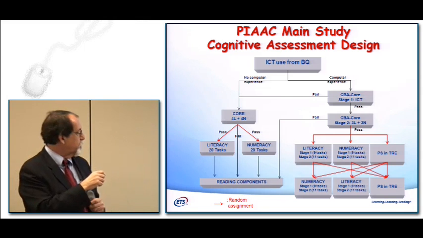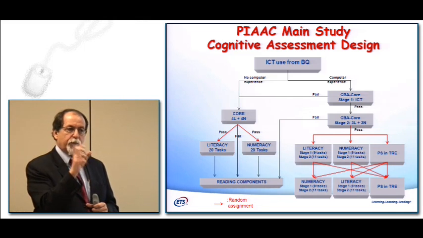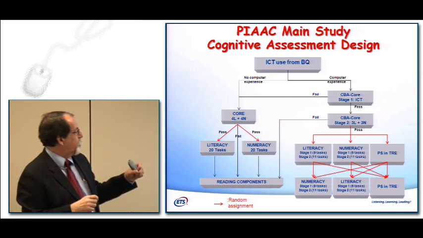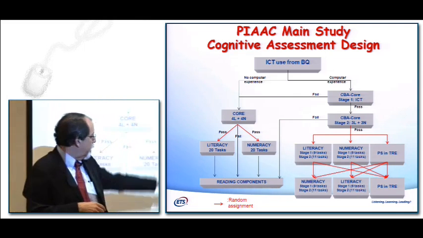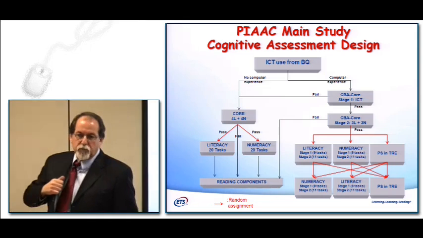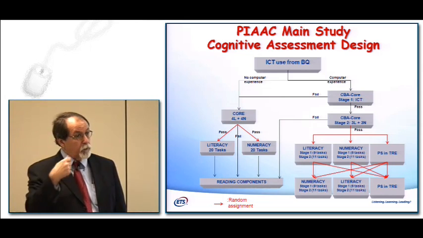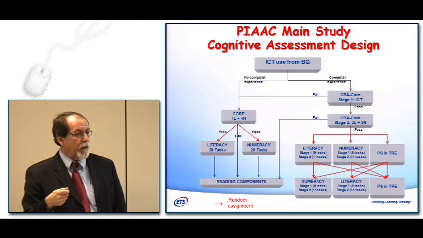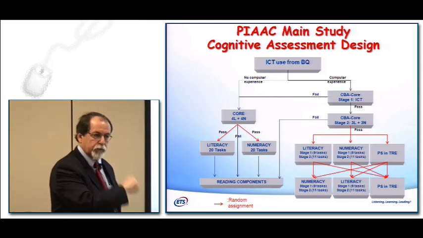So you could think of them as low, medium, and high, where low and medium overlap and medium and high overlap. And so what happens is you take information from the BQ and the cores, and then you decide which stage 1 testlet an individual gets. Because you can do automated scoring, you automatically score and calibrate that person's estimate of ability based on the background and the cognitive information you have.